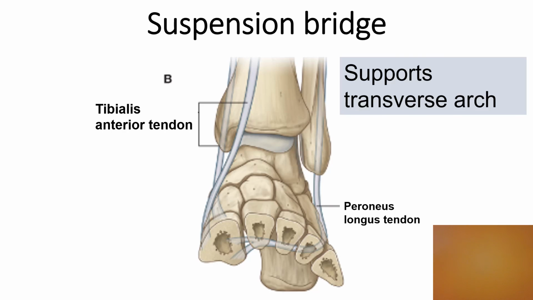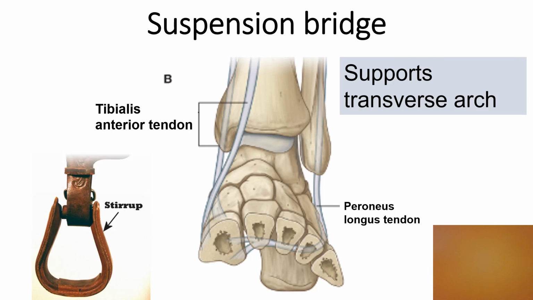The two tendons elevate the middle part of the sole of the foot. If we look at this figure, it is like the stirrup that a jockey uses to put his foot in when riding a horse, so they call it the stirrup tendon.